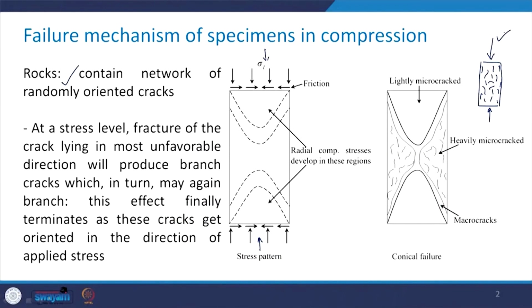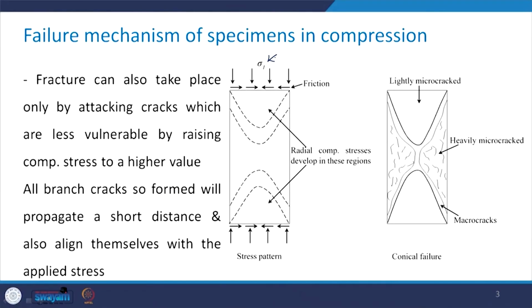Slowly this branching effect will be such that all these cracks will orient themselves in the direction of the applied stress, that is this one. Now, what happens to the next most unfavorably oriented crack? Because the one which was most unfavorably oriented has aligned itself in the direction of the loading.